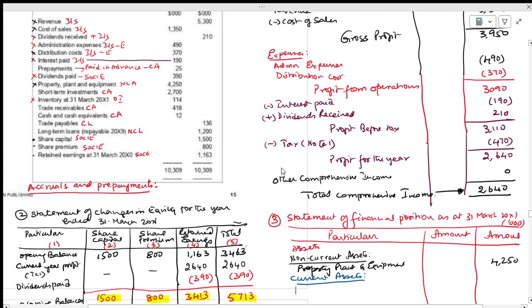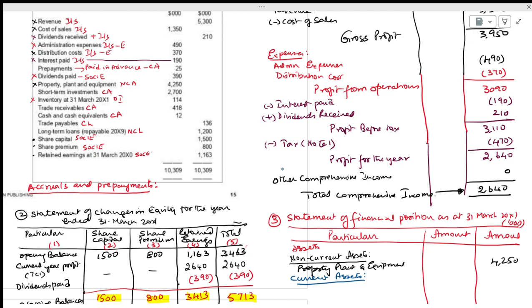Next. Receivables is there? Oh, there is receivable in the accrual account, 418. Inventory is there.